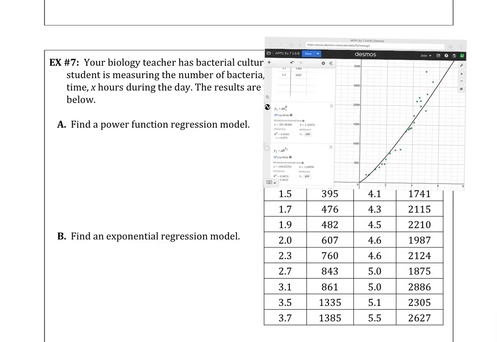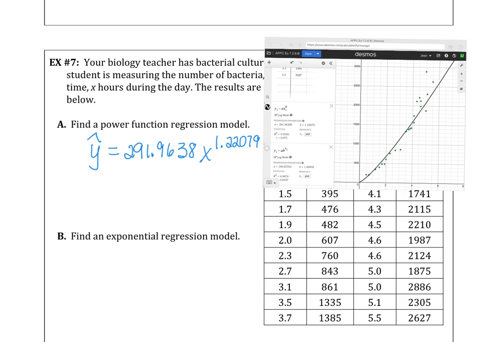So the power function is y hat is 291.9638 x to the 1.22079 power. And then we want to find an exponential regression model.